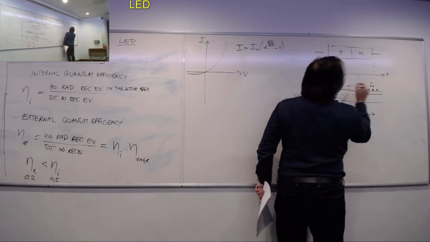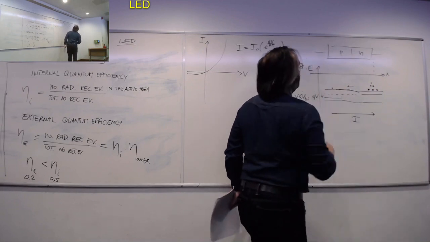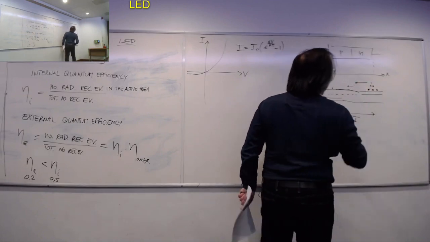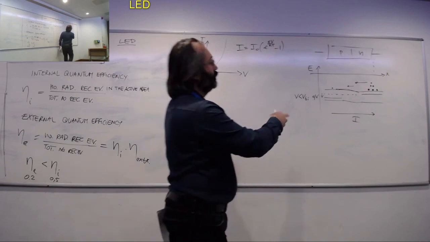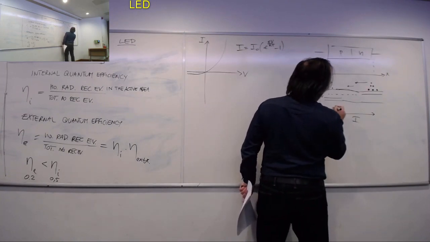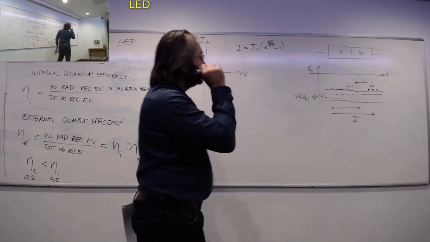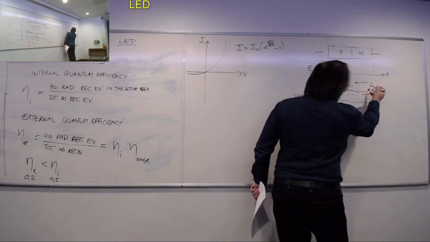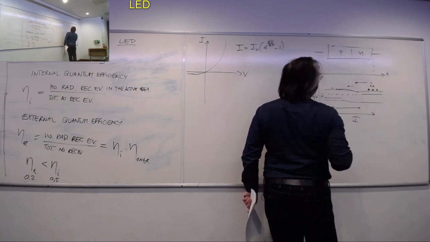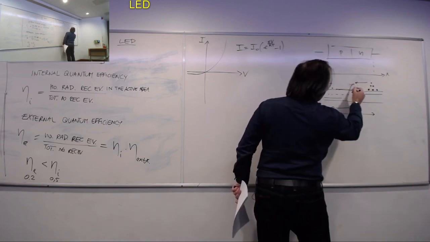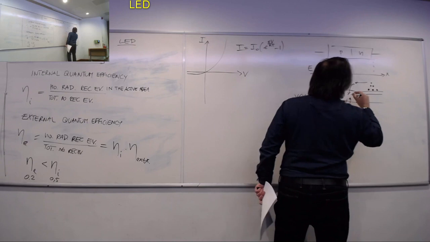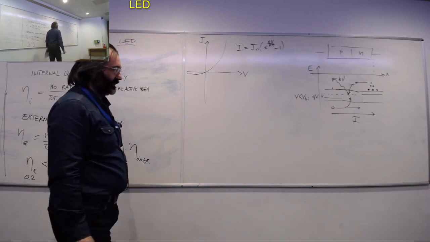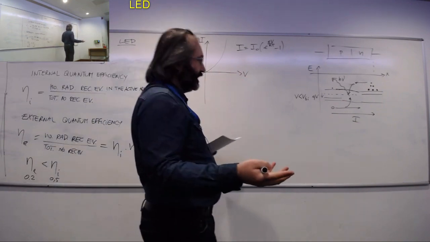Nevertheless, here there are very few electrons because they are my minority carriers. Some of these can still diffuse, going against the electric field, and that's why we have a large current. Also the holes can go that way. What is happening is that the electrons moving in this direction actually combine at this point and emit light. So that's what is happening.